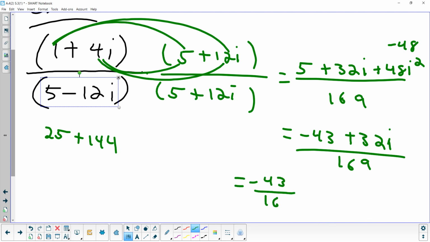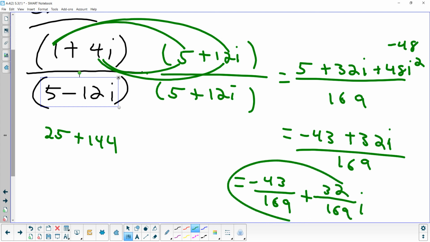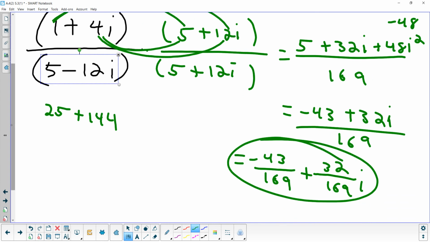Negative 43 over 169 plus 32i over 169. That's how you'd see the answer on the test. Questions on that?